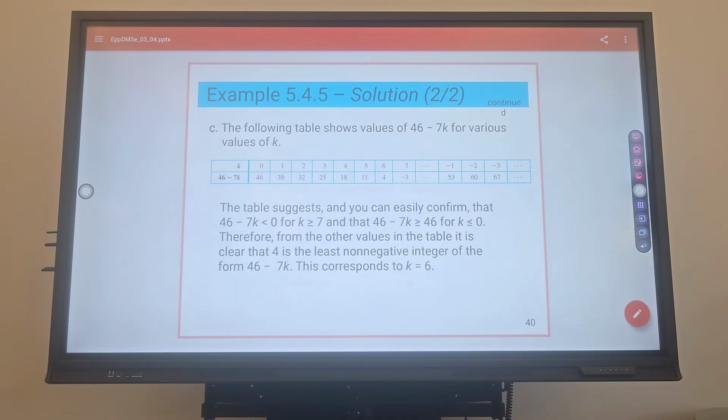The table suggests you can easily confirm that 46 minus 7k is less than 0 for k greater than 7, and that 46 minus 7k is greater than or equal to 46 for k less than 0. All right. Therefore, from the other values in the table, it is clear that 4 is the least non-negative integer of the form 46 minus 7k, which corresponds to k equals 6.